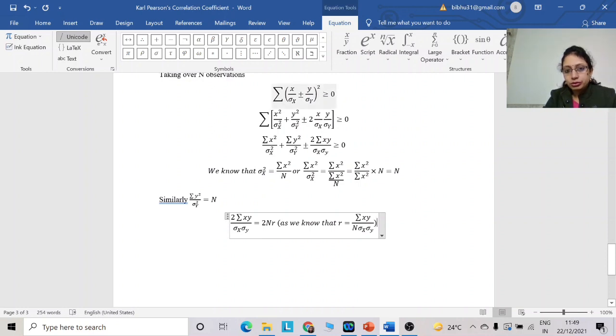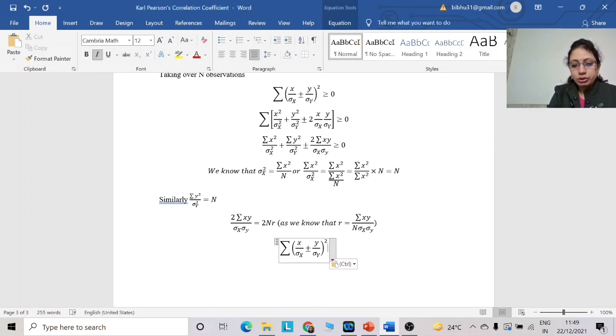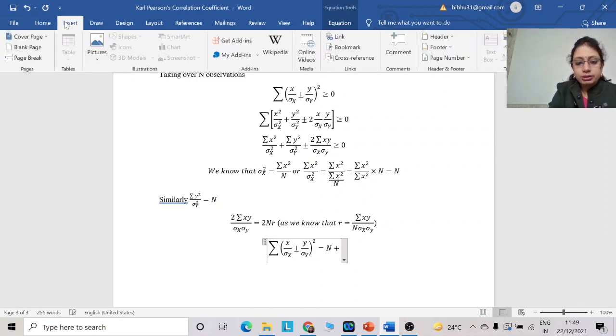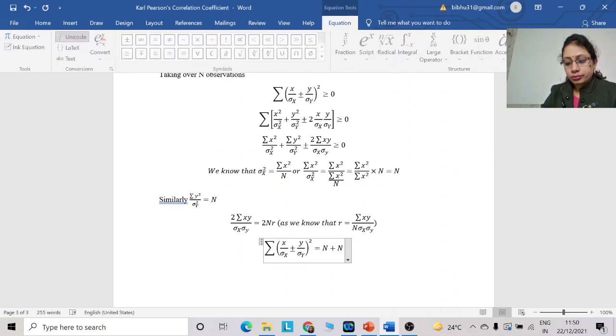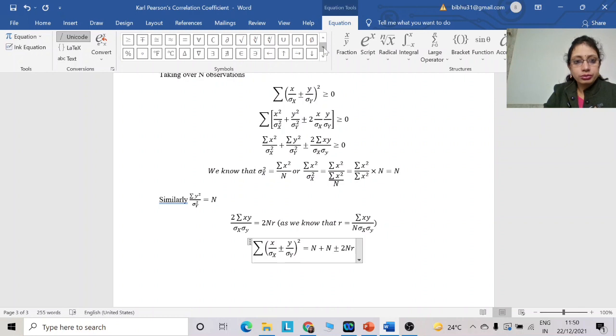Okay, so the first value, what we can write now, n plus n, then plus minus 2nr, which is greater than or equal to 0.